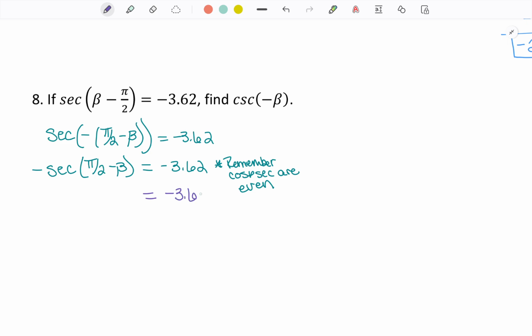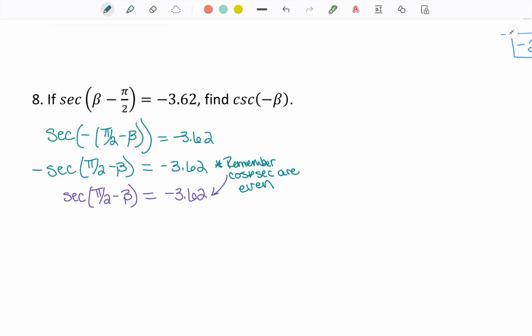So we still have a negative 3.62. So we do have secant of pi over 2 minus beta equals negative 3.62.